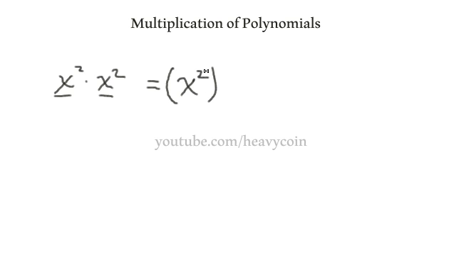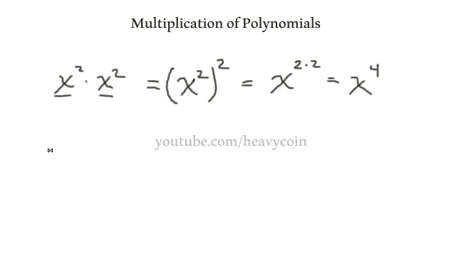I don't mean 4th power. Because there's two identical, right, then you would raise it to the 2nd power because there's 2 of them, and that's where that 2 comes from. Now in this particular case, what we do is we multiply the exponents. So this becomes x to the 2 times 2 is equal to x to the 4th.